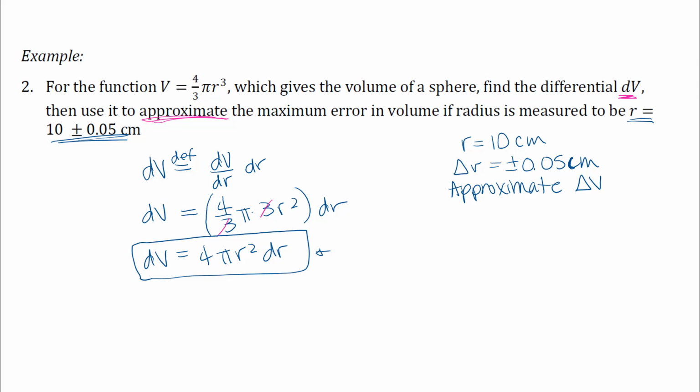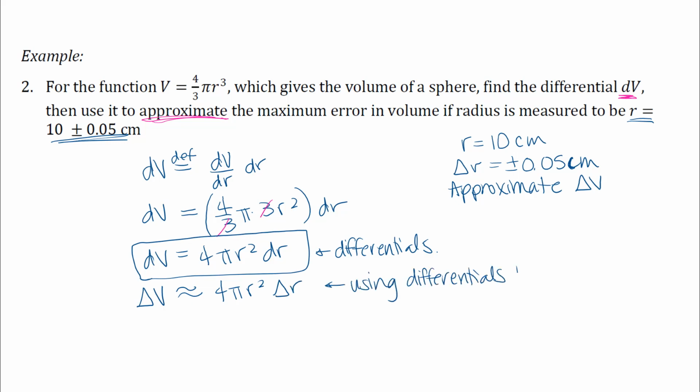So the idea here is that what I have written down here are the actual differentials, but I can use them as approximations for the increments. So delta v is going to be approximately equal to dv dr, so 4 pi r squared times delta r. And this is using differentials to approximate increments or error.